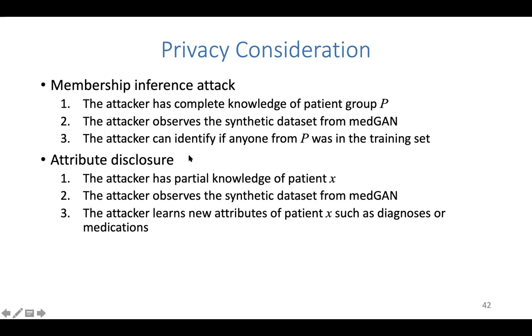But if you already have complete knowledge of a patient group, so you already know that John was diagnosed with cancer, or with a sexually transmitted disease, then you can use that information anyway. So what is the point of knowing that John's record was included in the training set to train a machine learning model? What is the point of that?